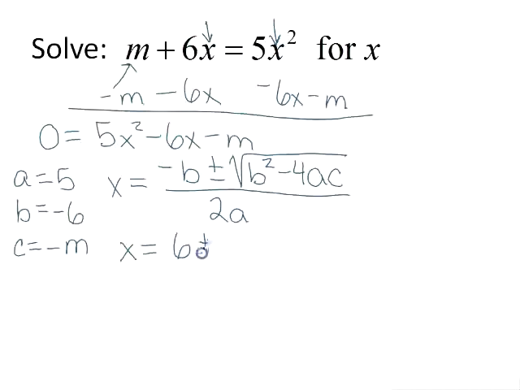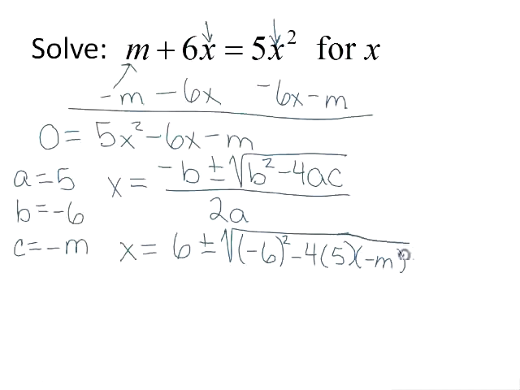If b is negative 6, the opposite of the negative 6 is positive 6. Then I have plus or minus the square root of negative 6 squared minus 4 times 5 times negative m. All of that is under the radical. And then my 2a is 2 times 5.